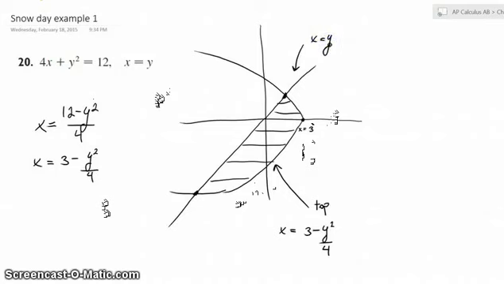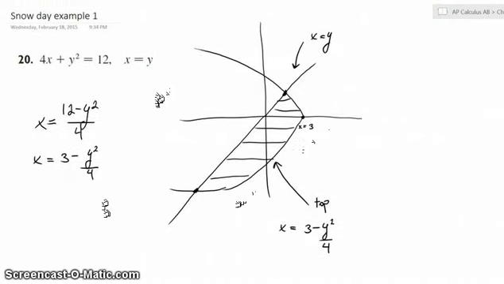And we can set the two functions equal to each other and solve for the points where y is equal. So we're going to go ahead and do that. So we're going to say our two functions are x equals 3 minus y squared over 4 and x equals y.